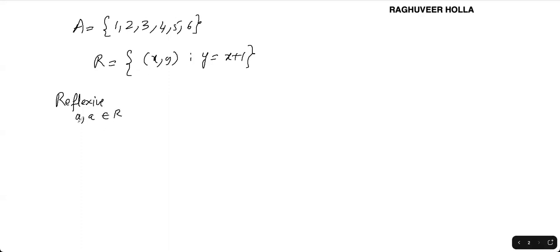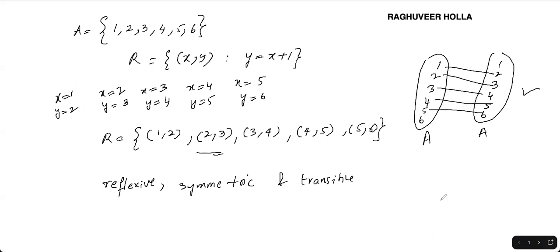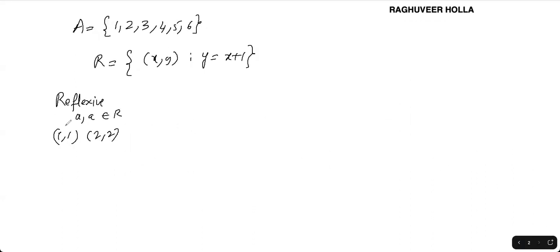Is it possible that 1 comma 1 or 2 comma 2 belongs to R? R consists of 1 comma 2, 2 comma 3, 3 comma 4, 4 comma 5 and 5 comma 6. So 1 comma 1 and 2 comma 2 do not belong to R. Hence it is not reflexive.